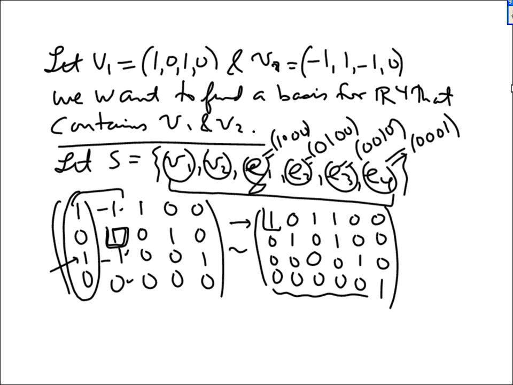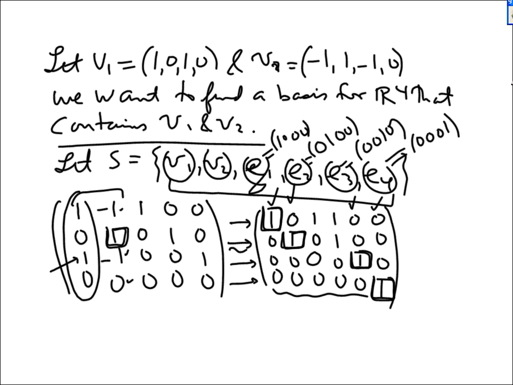Row 1 has a leading 1. Row 2 has a leading 1. Row 3 has a leading 1. And row 4 has a leading 1. Okay? Column 1 has a leading 1. Column 2 has a leading 1. Column 5 has a leading 1. And finally, it's not in row 5. And column 6 has a leading 1.